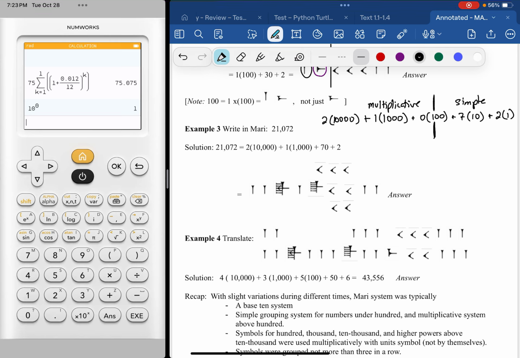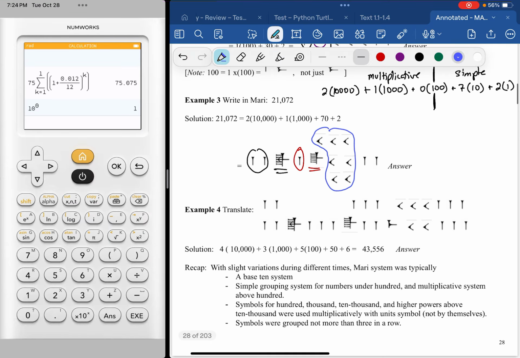So when I say 20,000, I'm saying 2 of those 10,000s, 1 of the 1,000s, and then after that we go simple. All right, these are my 10s. I have 7 of them, and then I have my 1s.